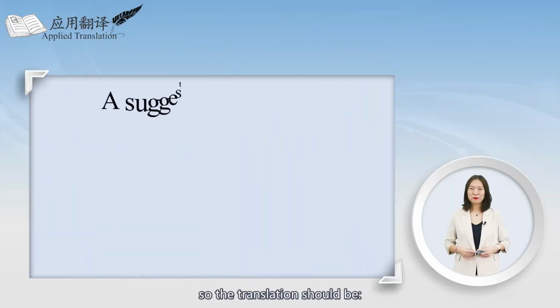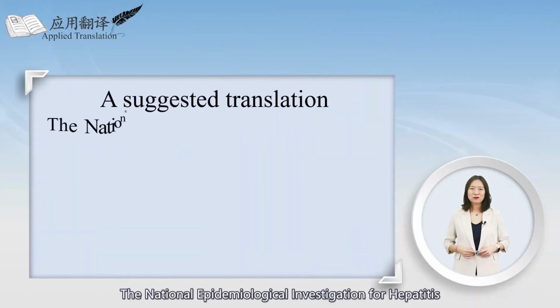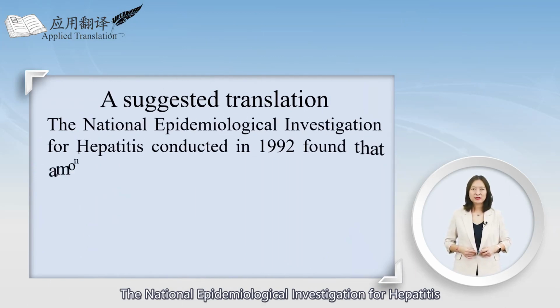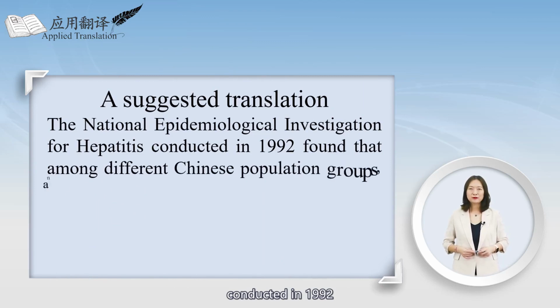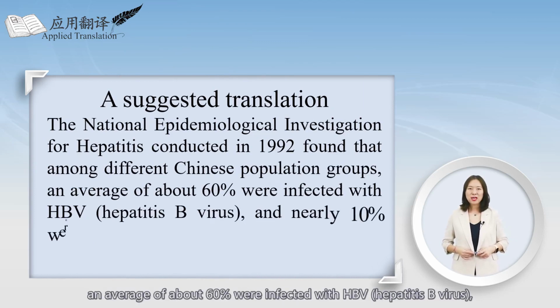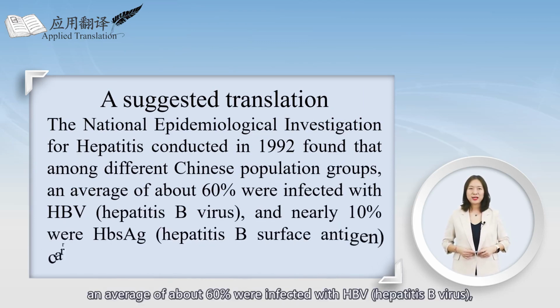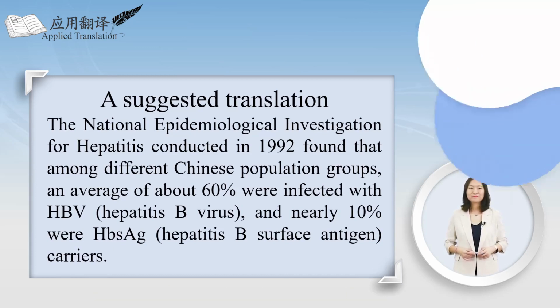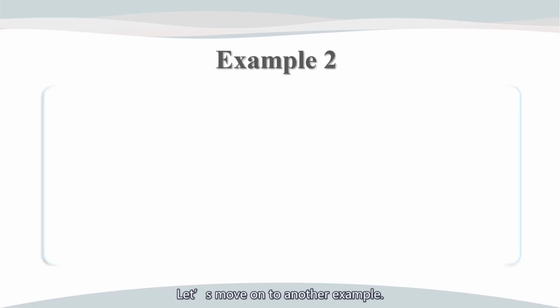So the translation should be, the National Epidemiological Investigation for Hepatitis conducted in 1992 found that among different Chinese population groups, an average of about 60% were infected with HBV, hepatitis B virus, and nearly 10% were HBsAg, hepatitis B surface antigen carriers. Okay, let's move on to another example.